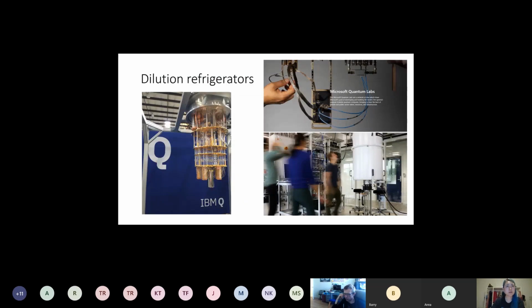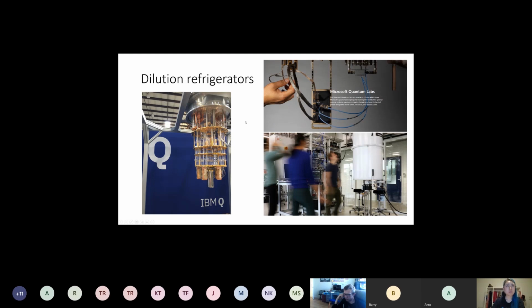It has this very complicated structure, and it has many, many stages of electronics, but your qubit is sitting inside the very bottom. And this is what people use to cool things down to really low temperature, really low, in order to get your system into quantum regime.